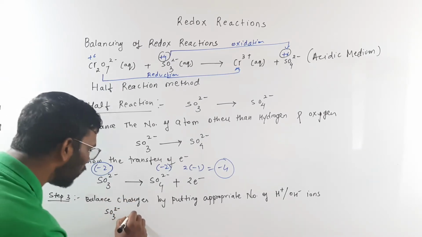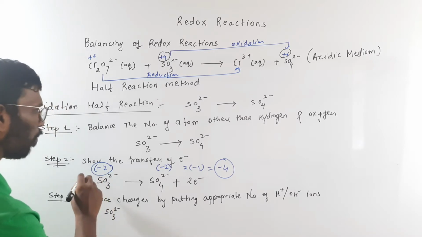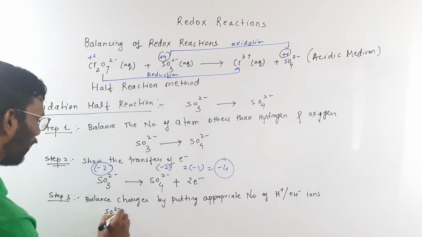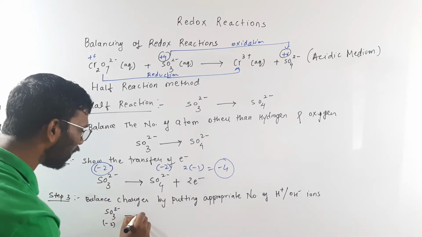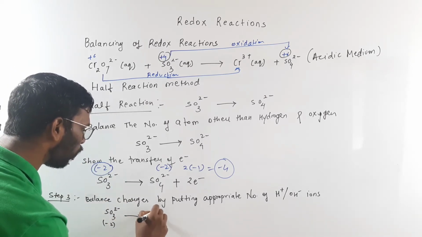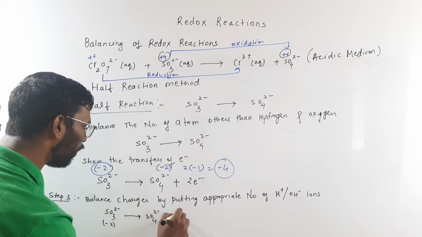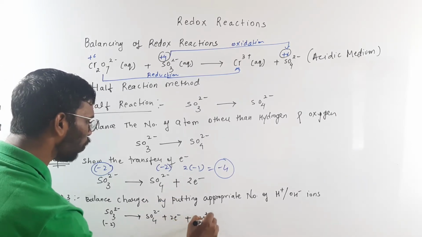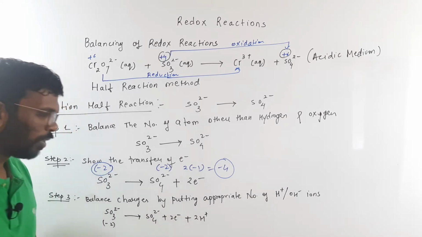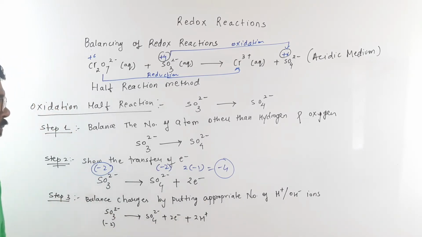So SO3 2 minus, here the total charge is -2, right? And this side it is SO4 2 minus and 2 electrons, so here it is -4. But if I put 2 H plus, positive charges, then what has happened?